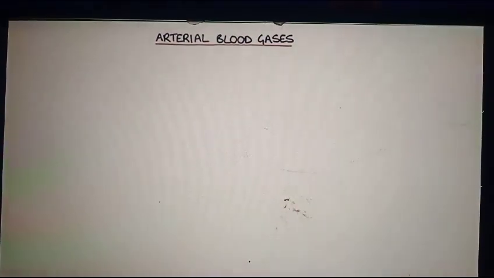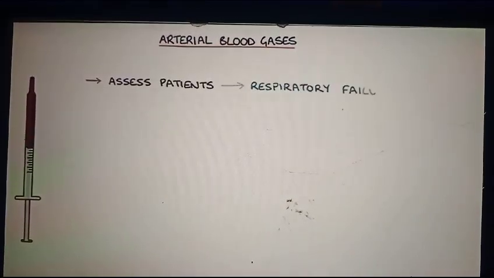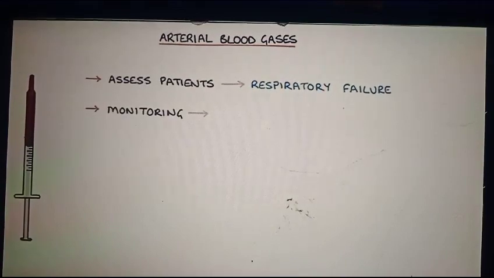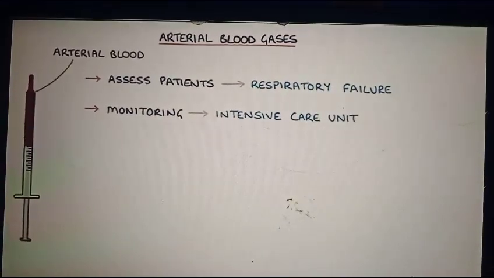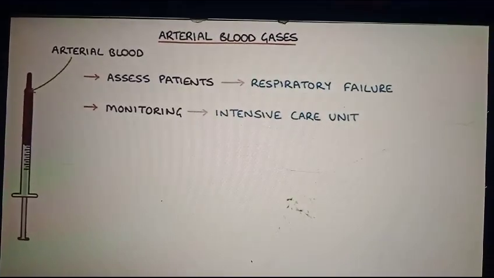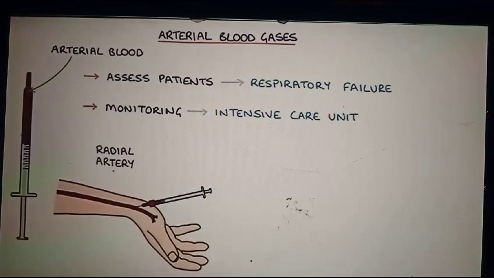Arterial blood gases, or ABGs, are very commonly used to assess patients with respiratory failure and for monitoring in the intensive care unit. An arterial blood sample is required for analysis, and this involves inserting a needle either into the radial or the femoral artery.